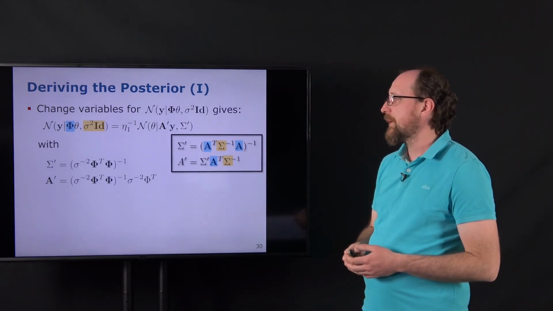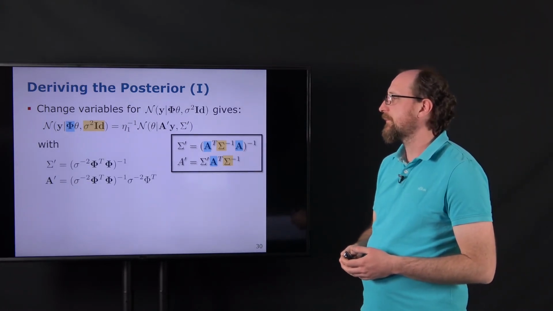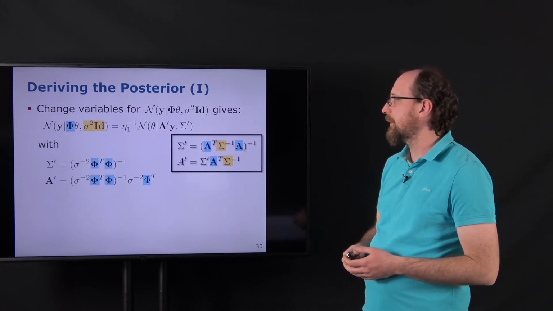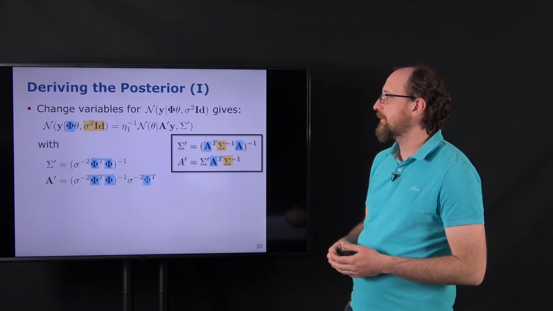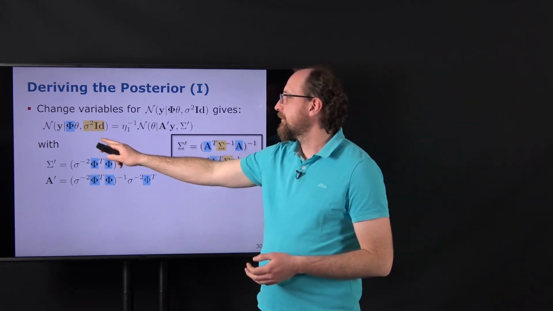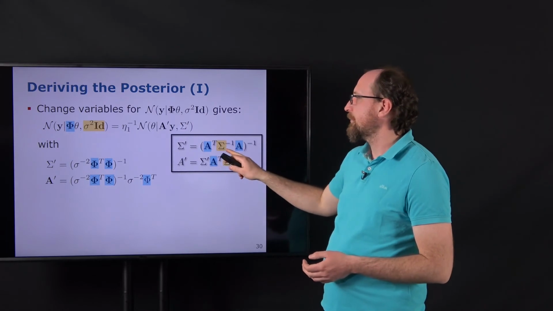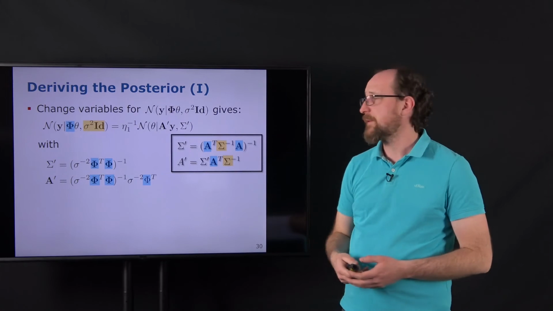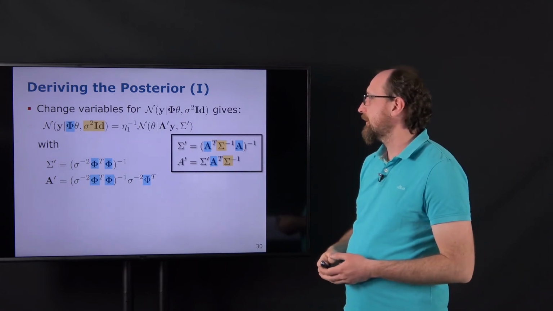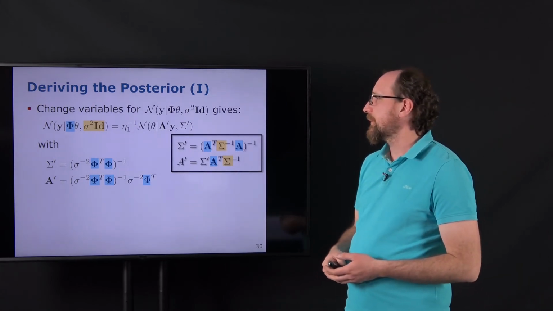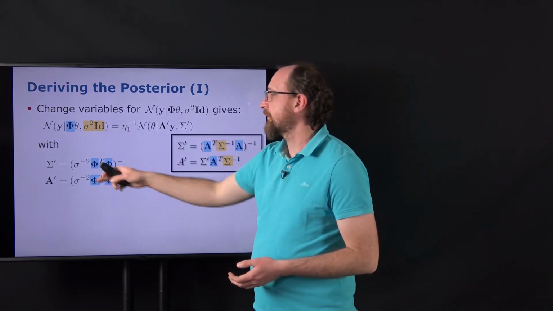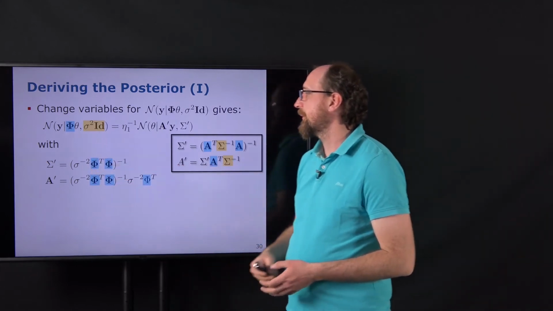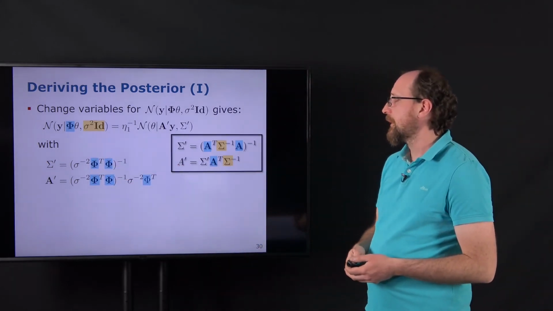With this, it turns out that the phi's turn up, and we can exploit that we have the identity matrix, the thing that goes in between. The inverse of the identity matrix is of course the identity again, and applying the inverse to sigma squared gives just 1 divided by sigma squared, so sigma to the power of minus 2.